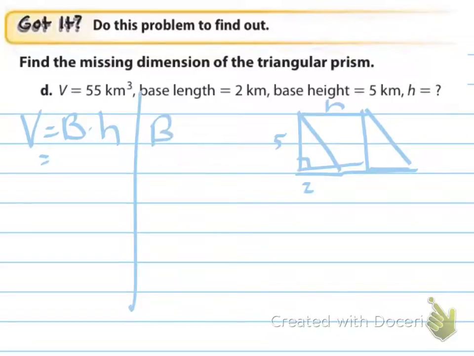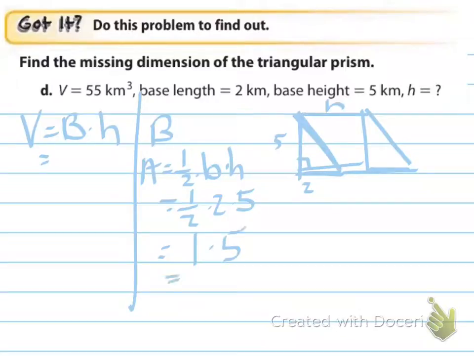Split screen, our big base is area equals 1/2 base times height. So we've got 1/2, and the base is 2, and the height is 5 for our triangle at the end here, because that's what we're focusing on. And so 1/2 of 2 is 1. 1 times 5 is 5 kilometers squared. So back over to the original, we're going to plug in 5.